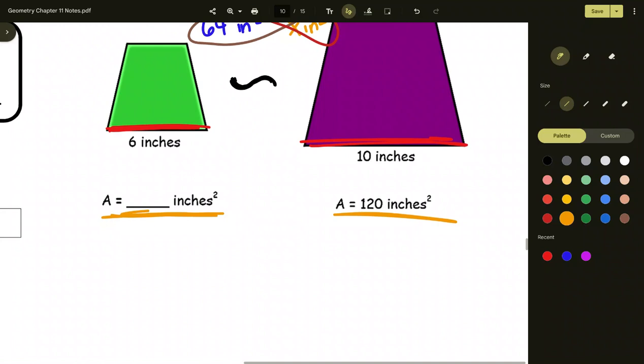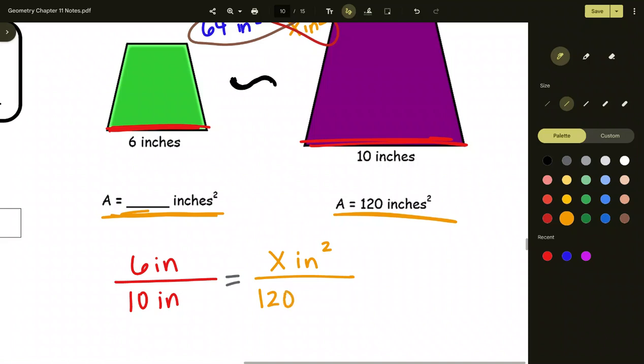So I'm going to set up my proportion just like before. I'm going to start with 6 inches compared to 10 inches. And then we're going to compare the smaller trapezoid area, that is an unknown inches squared, to the larger trapezoid area of 120 inches squared.